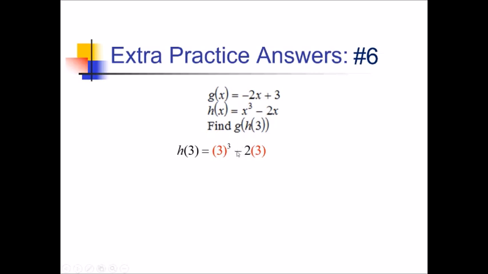We're doing minus 6, basically, so 27 minus 6 for 21. And now 21 is what I'm plugging into the g function, because I'm doing g of h of 3, and h of 3 was 21. So g of 21 is going to be negative 2 times 21 plus 3. Negative 2 times 21 is negative 42. Add 3 to that, you've got now negative 39. And that's as far as we go on this one.